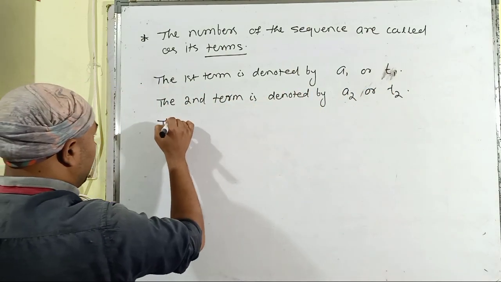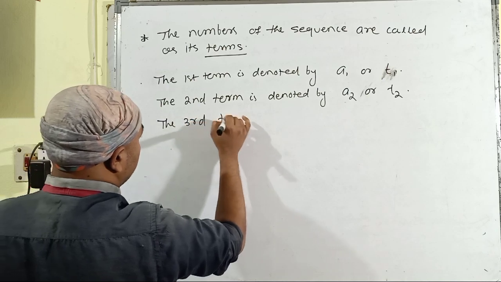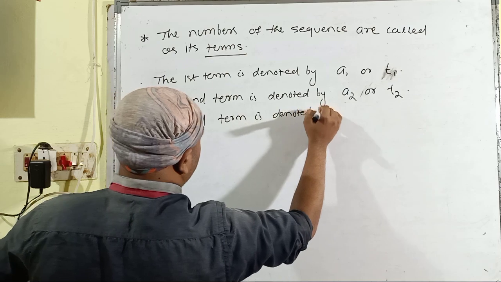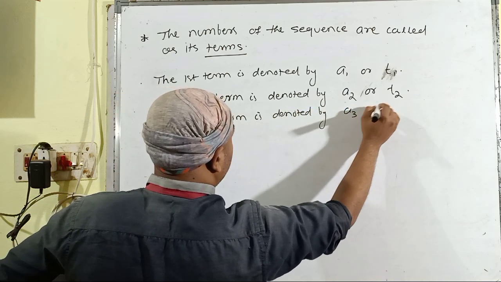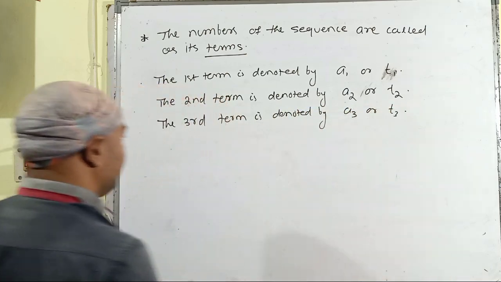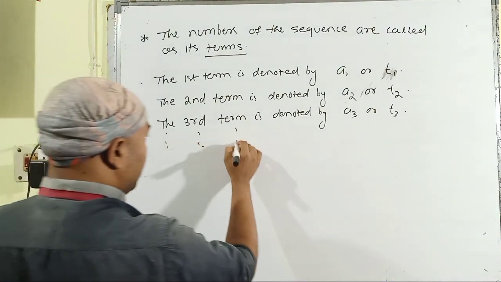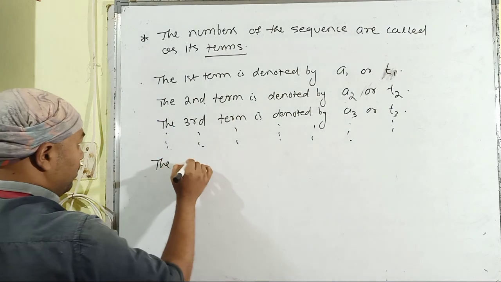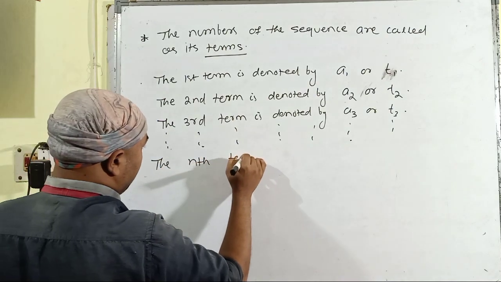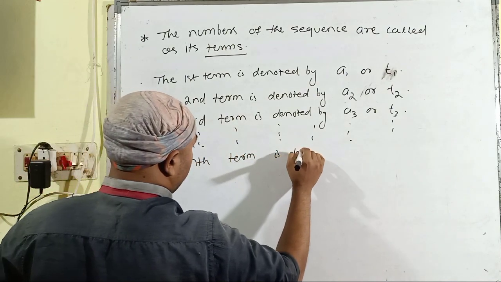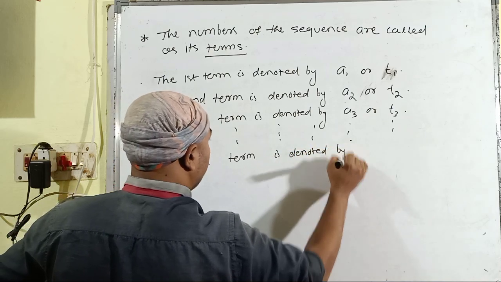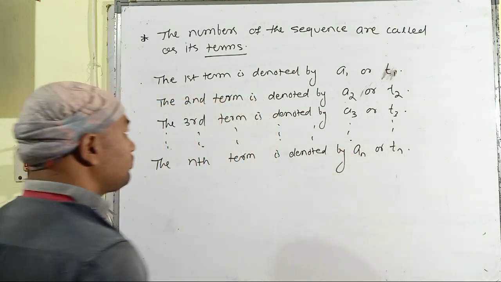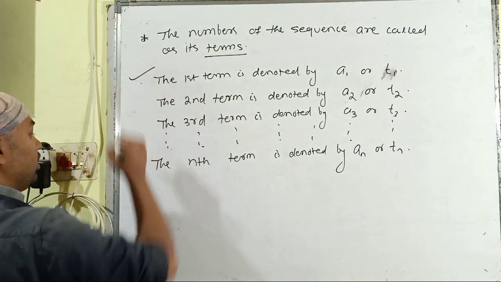Similarly, the third term is denoted by A3 or T3. Similarly, the nth term is denoted by An or Tn. So these are the terms.